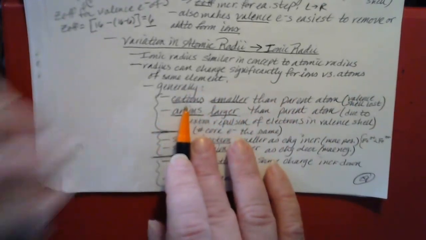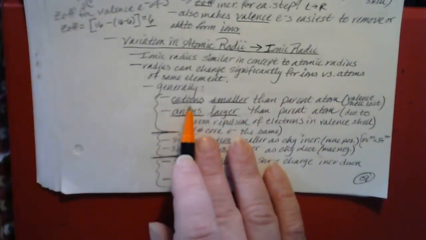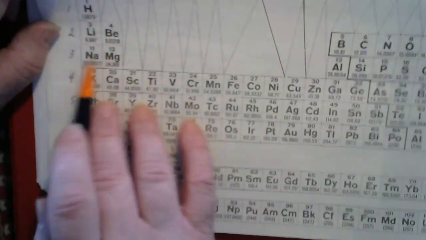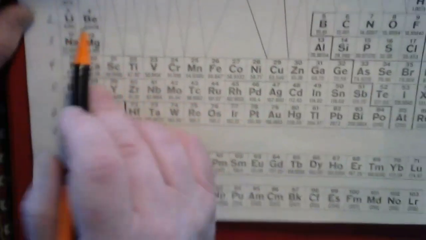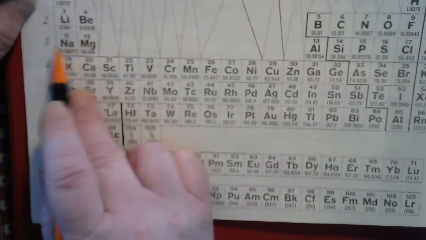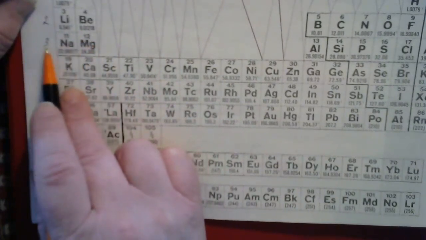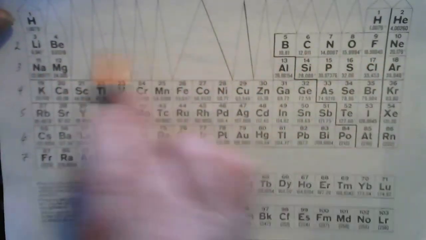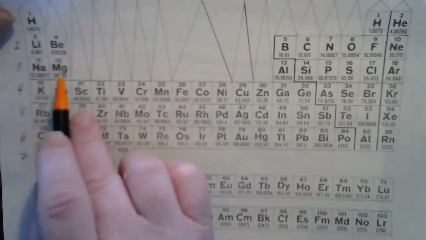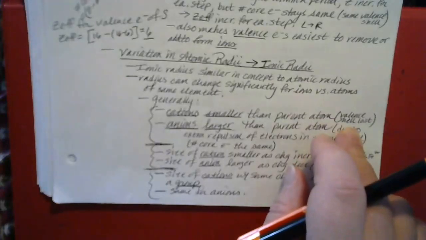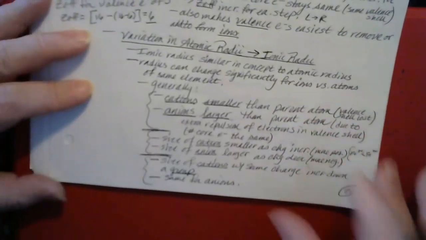Generally speaking, for any given element, the cation will be smaller than the parent atom, because remember, when the metals form cations, they do it by losing their entire valence shell. Magnesium has a +2 charge as an ion because it loses 2 electrons. It loses both of the s electrons in n equals 3, which is the entire valence shell. And now n equals 2 is the new valence shell for the ion Mg +2. And because you're removing the entire valence shell, well, of course, it gets smaller. So that makes sense.